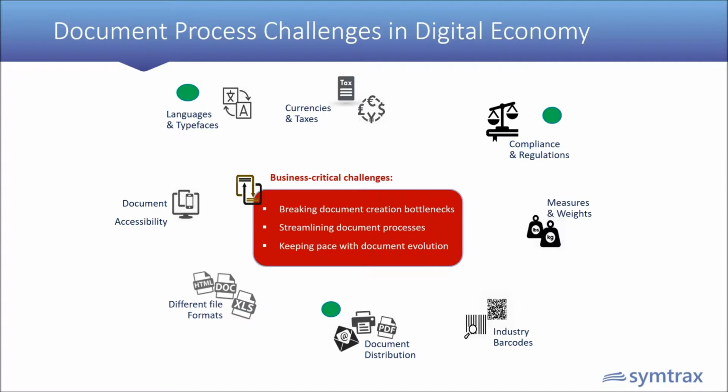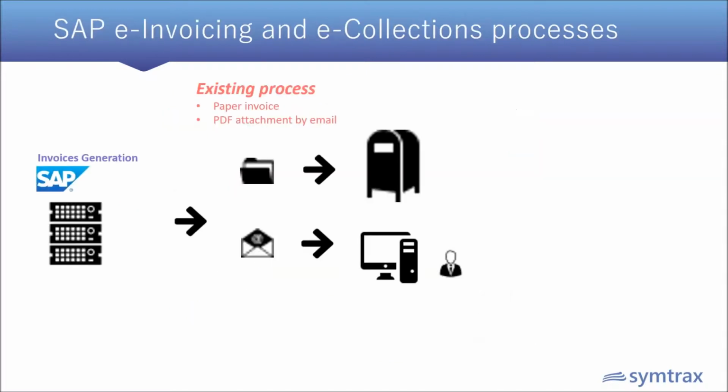So the aim of this is to overcome business critical challenges, which I've already highlighted, which is the bottleneck of actually creating these documents and distributing them, as well as streamlining the document process altogether, and then keeping pace with changes. So, for example, as I mentioned, with Brexit, who knows what's around the horizon? So we'll touch on those bits today as well.